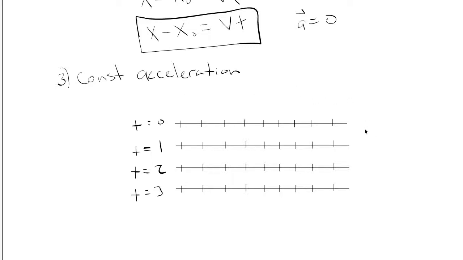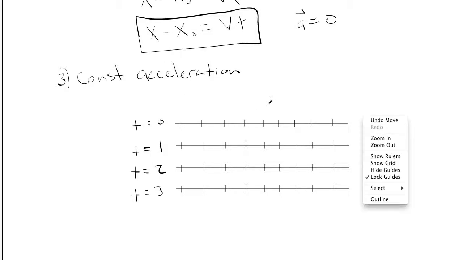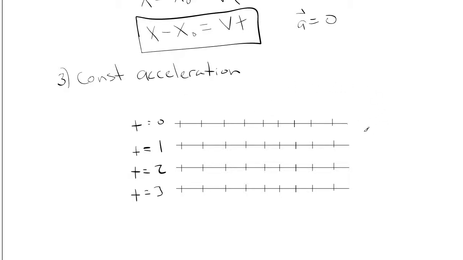So if we have a constant acceleration, that means that our velocity is changing. Let me start off in the case that we have a velocity of 1. What that means is in the interval from time equals 0 to time equals 1, I move 1 position. But if I'm accelerating at a constant rate, that means my velocity is going to increase during each time interval.